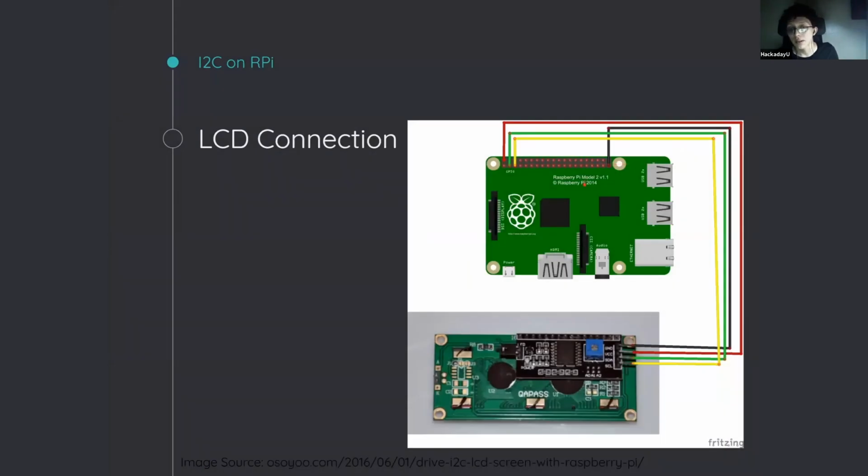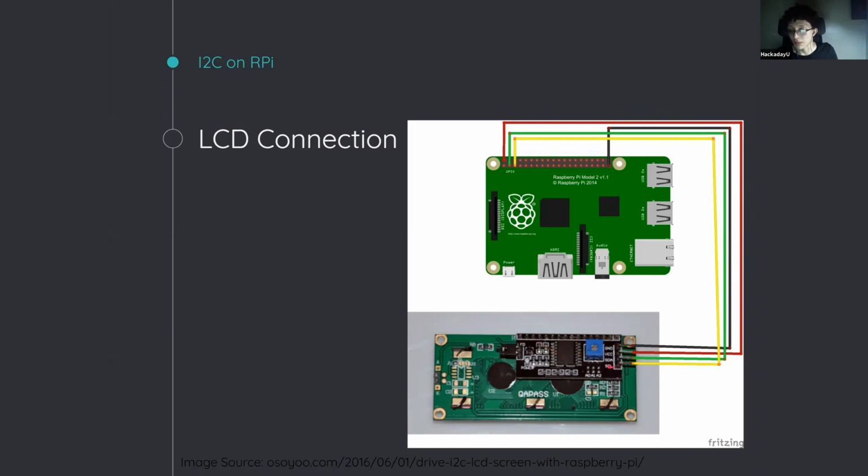If we're going to connect it to the Raspberry Pi, you should put the red one, the VCC one, to the 5 volts, right? You have 2 pins, you can use either one. If I have my servo, my LED, and my LCD all connected at the same time, you can just put one in one VCC pin and one in the other. The GND goes on the negative, right?